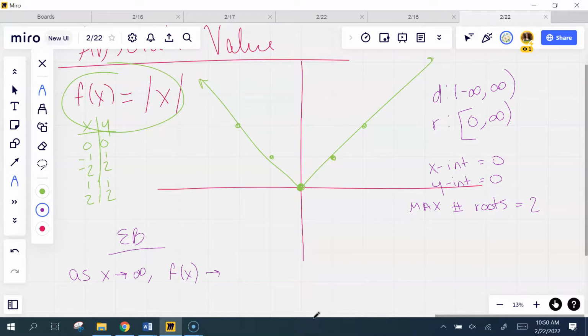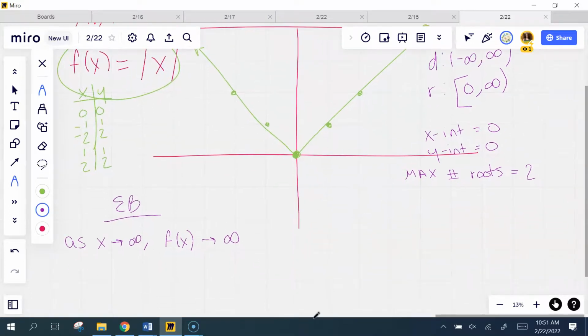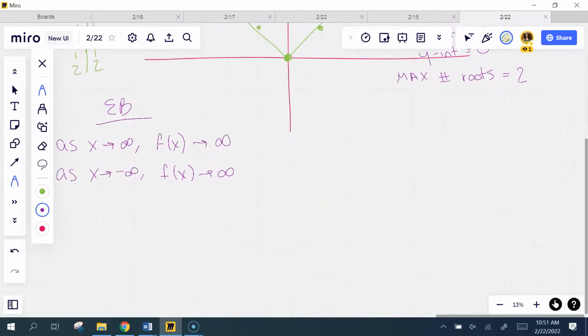So what would f of x approach? Does that make sense? The right side goes up. How about the left side? It also goes up. It's positive. Both ends go up. Yep.